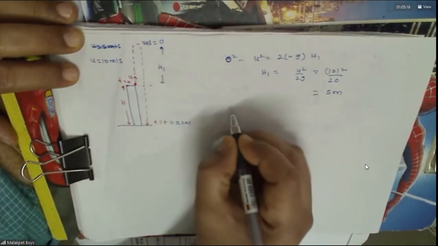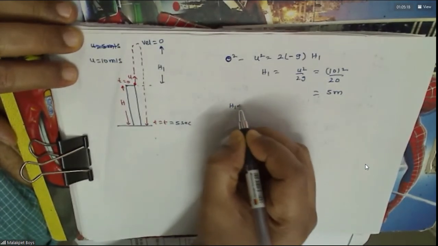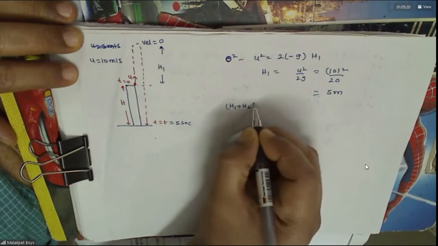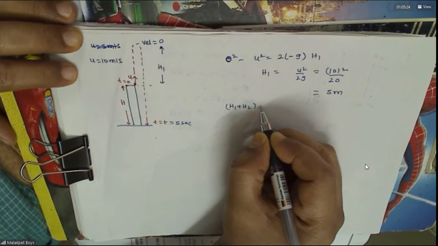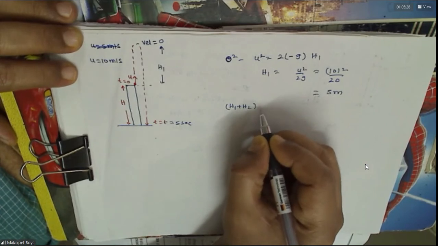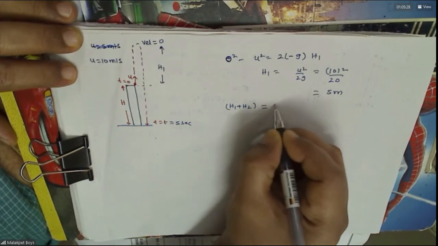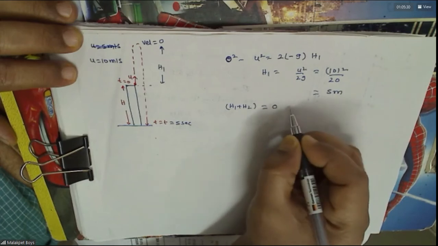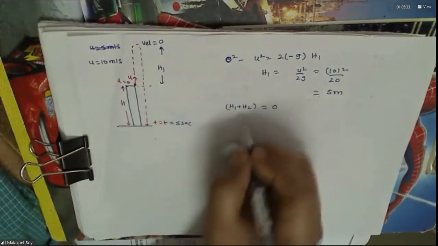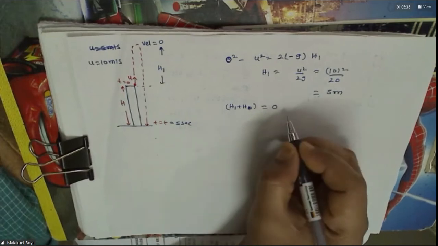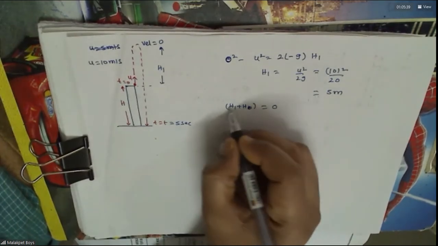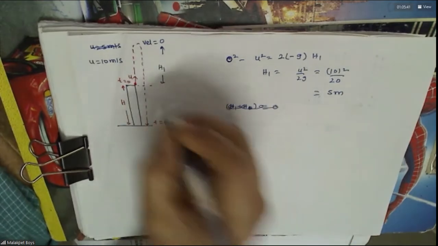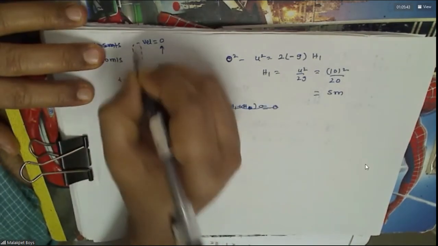Again, from here to here you should travel. Second part, what is to do? H1 plus H2. Because H is equal to ut plus half at square, it falls like this now. This is H now. So this is A, the way you used to do in school.